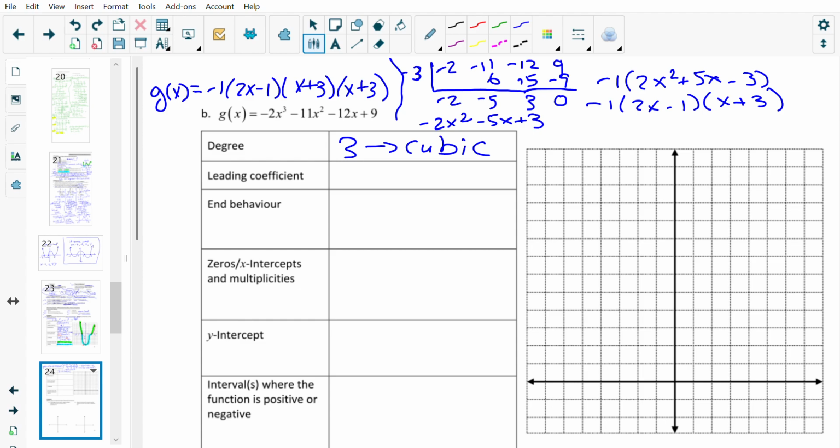Oh, I see what I did. The leading coefficient here is, yeah, it's -2.